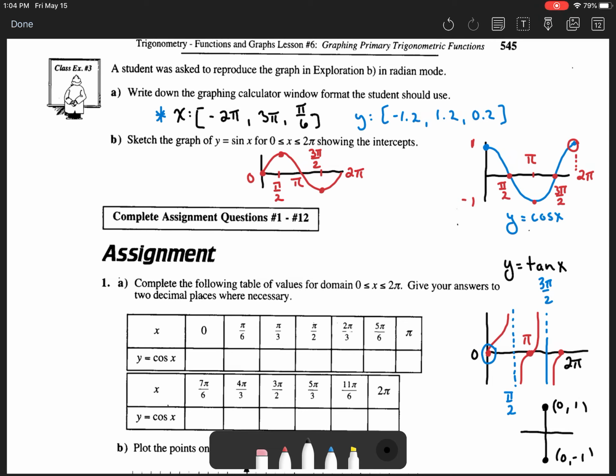When I calculate tan of x, remember tan of x is always sine of x over cos of x, which is really you taking the y values and dividing by the x. So if I take the y value here and divide by the x, that's 1 over 0, which is undefined, giving me a vertical asymptote at 90 degrees.